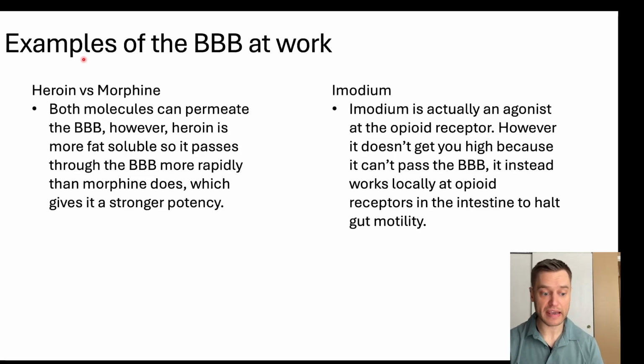So heroin and morphine obviously are both psychoactive. Imodium is not psychoactive, okay? So Imodium doesn't get into the central nervous system, but it still does affect your peripheral nervous system in the gut, or in your bowels, more specifically.